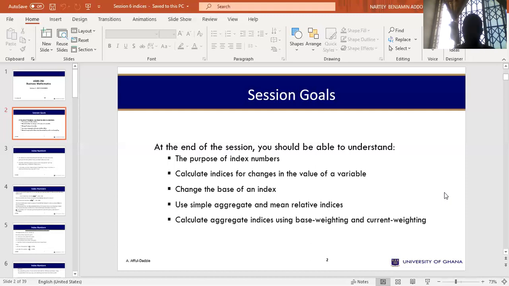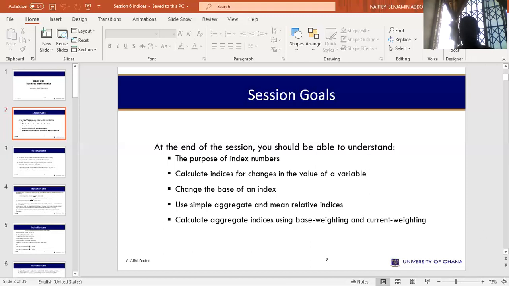And then we have other index numbers known as the Paasche and the Laspeyres. So the Laspeyres compares index numbers using base weighting. So we weight all the values by using the base, which is denoted by P0 or Q0. And then the Paasche uses the current weighting, denoted as Pn or Qn.